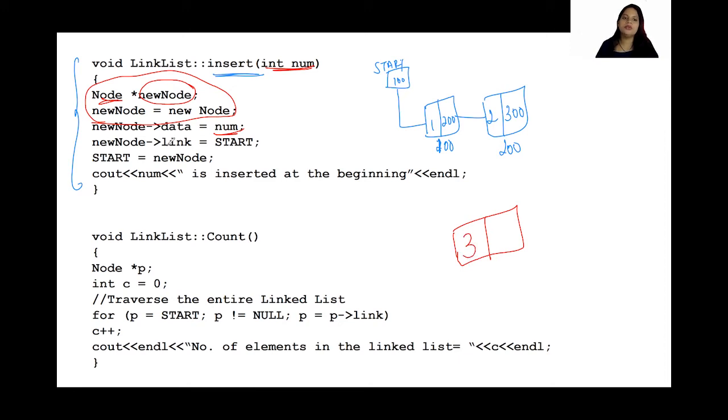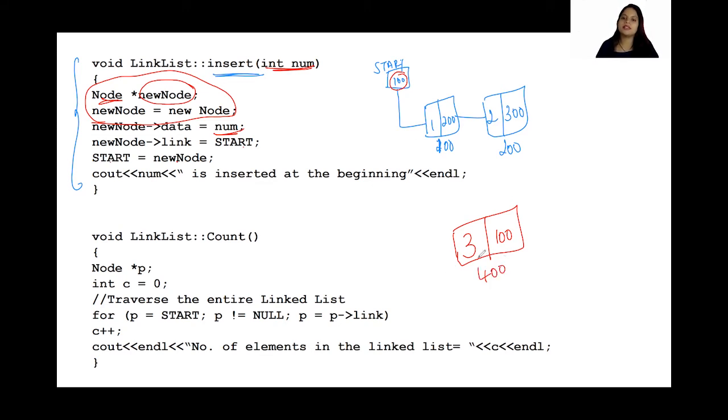It is going to get stored here. And I'm saying new node link is equal to start. So the link part is going to have whatever is there in our start. What do we have in our start? I have 100. So this is how we are going to create a new node. Now I'm going to say start is equal to new node. Suppose 400 is the memory of this.